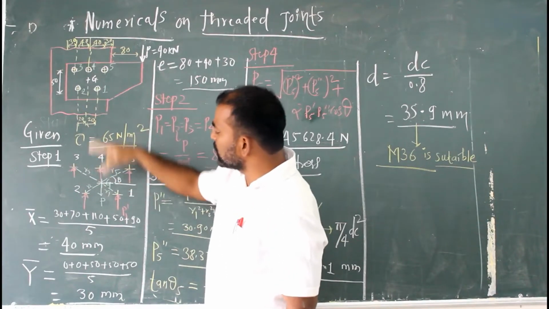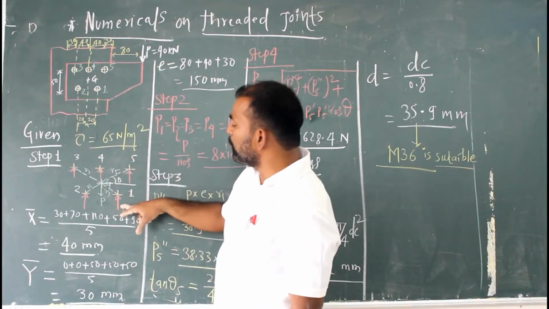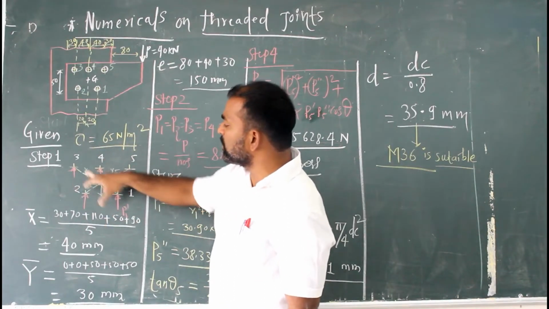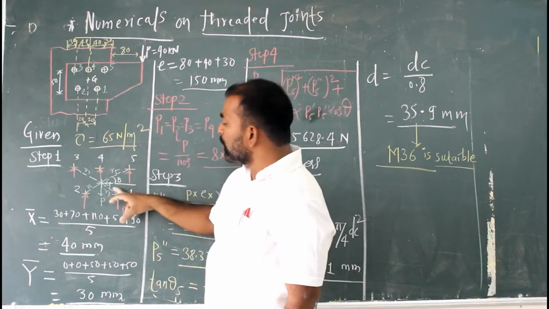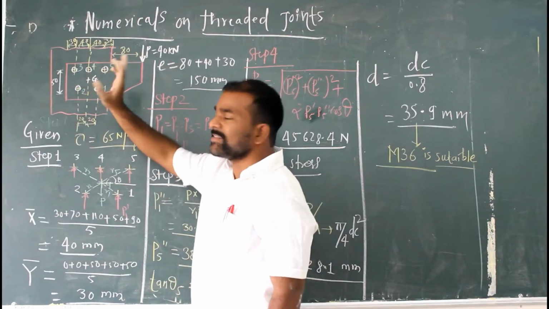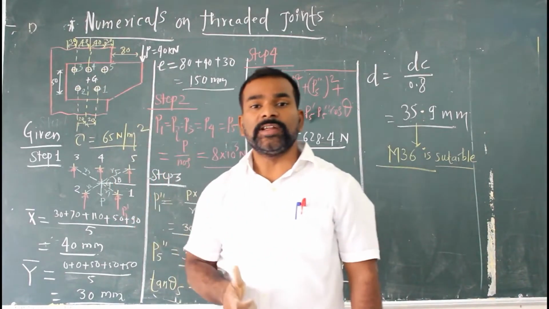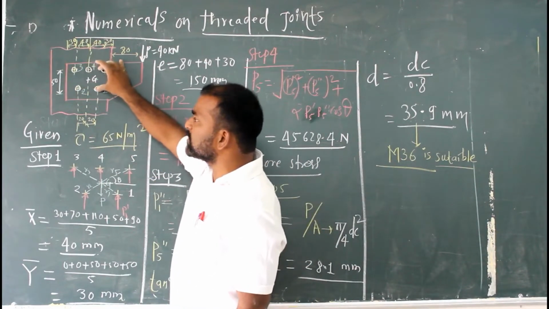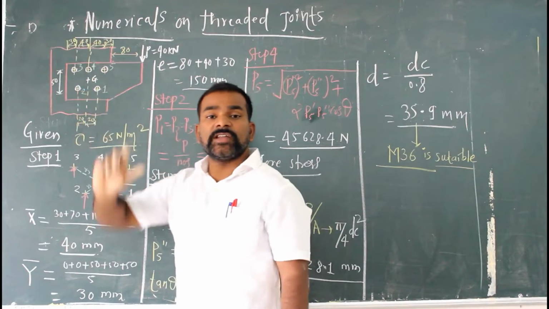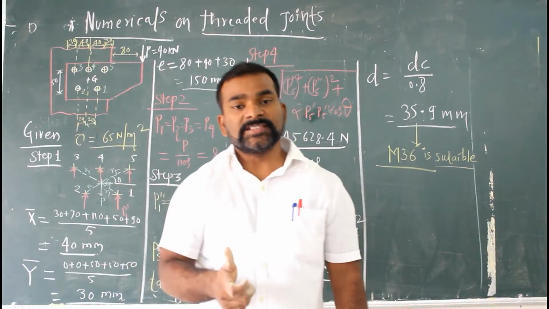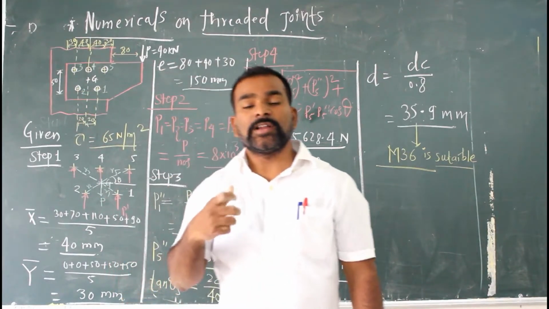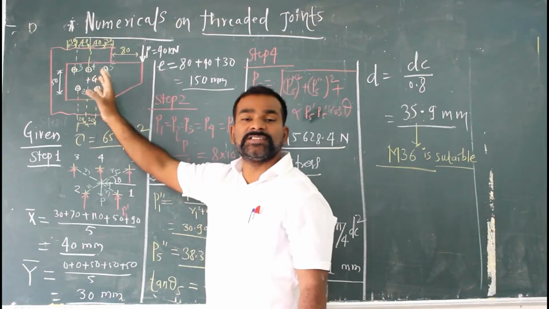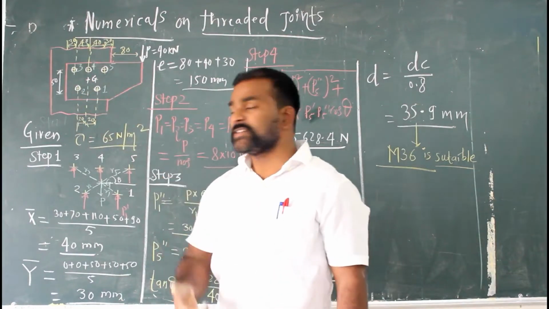So I have mentioned everything opposite with respect to the bolt: P1 dash, P2 dash, P3 dash, P4 dash and so on. Now the CG is almost at the center, but we cannot predict at what radius or at what height it is. So for that purpose we are using the x-axis and y-axis for calculation of x bar and y bar, through which we can calculate the CG as we have seen in the previous lectures.